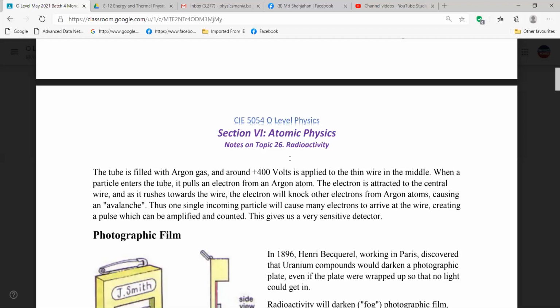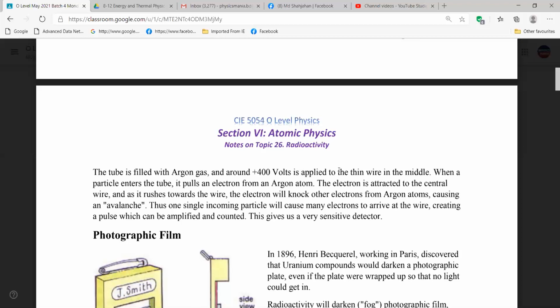So one of the electrons going there, if it is going there, you are getting one count, right? That means it counts the electrons.